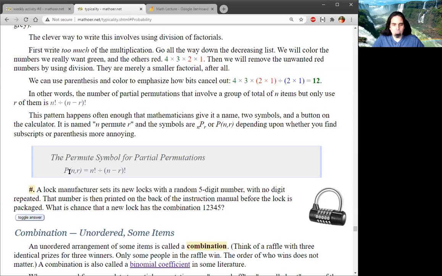So the way to permute only some items, when you have n items total but use only r of them, is n factorial divided by, and then do n minus r and find the factorial of that. So that seems like a lot, but it's really not. So let's just do this.